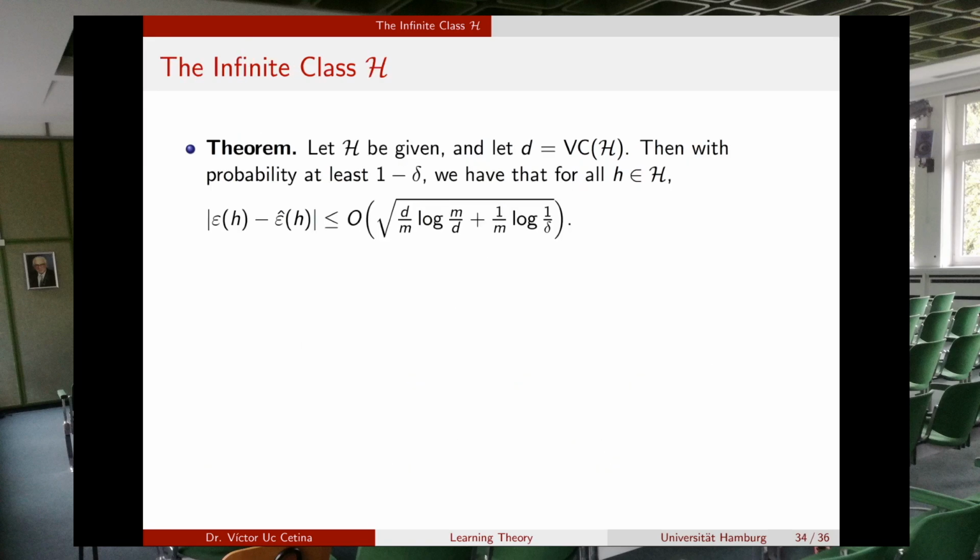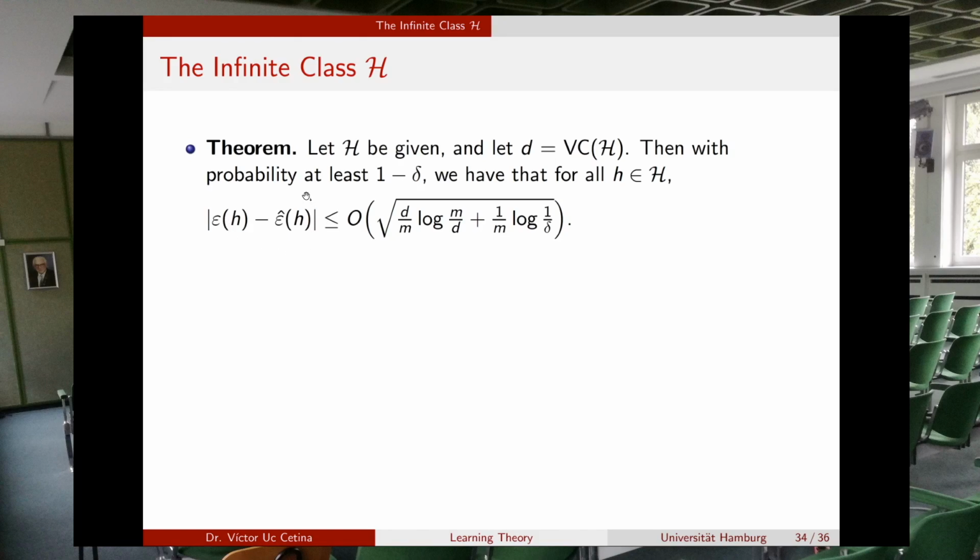So using this concept of VC dimension, if we call it simply D, the dimension of an infinite class H, then there's a result saying that with probability at least 1 minus delta, for all H in our class, we have this result.